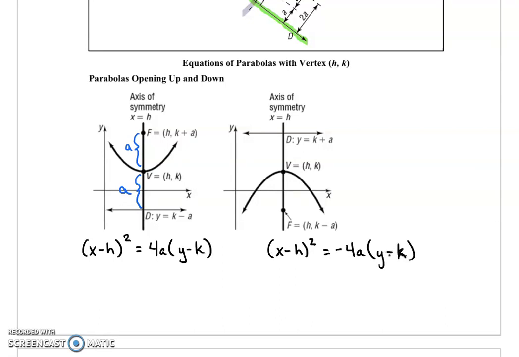But again, (h, k) is the vertex, and a is still the distance from either the directrix to the vertex or the vertex to the focus. These two are functions, right? Because they would pass the vertical line test. So if they open up and down, they are functions.